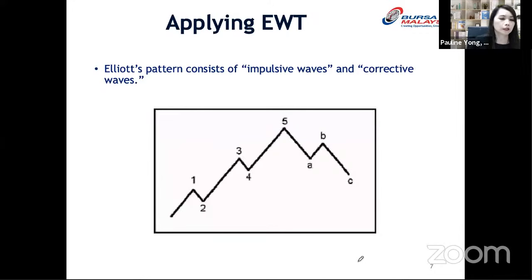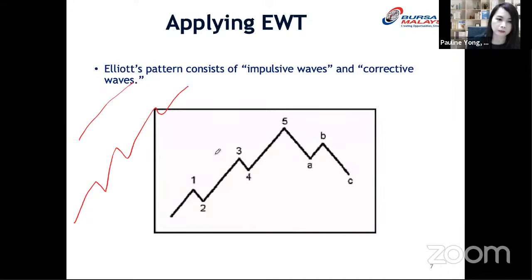Let's say you are looking at a normal chart. So we are looking at this kind of an uptrend. For an uptrend, you won't see a chart that goes up continuously forever.